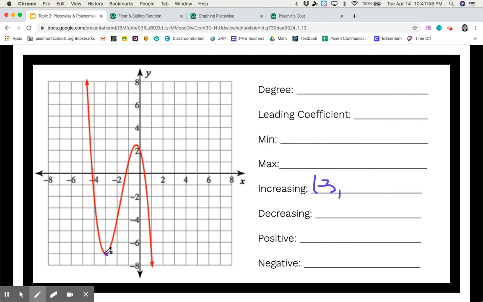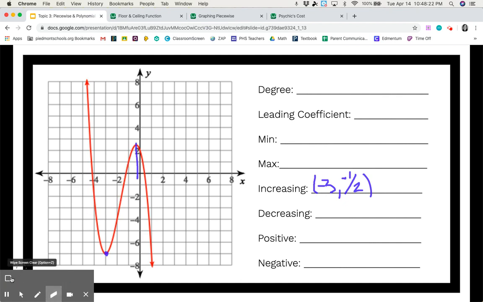And I increase until I reach that x value of -1/2. So that maximum was at -1/2 and 2.5, and not +1/2. That is the only interval. It is going up, so that is my only increasing interval.